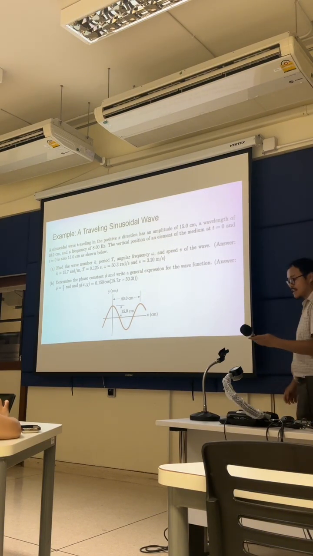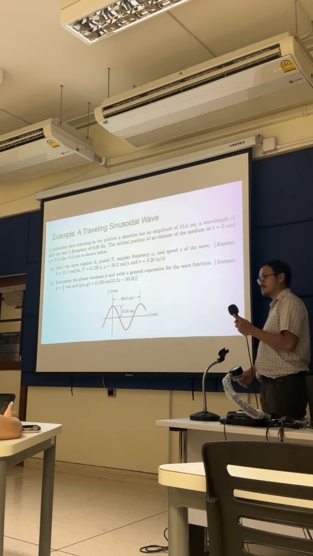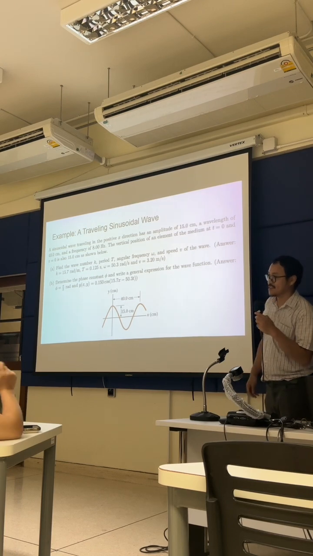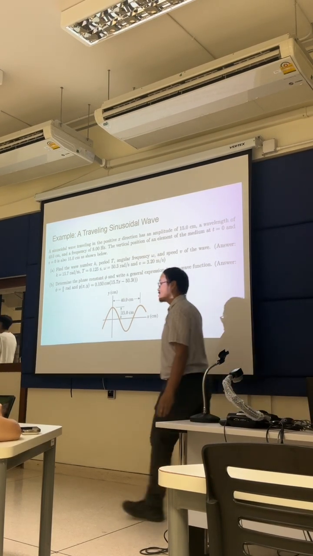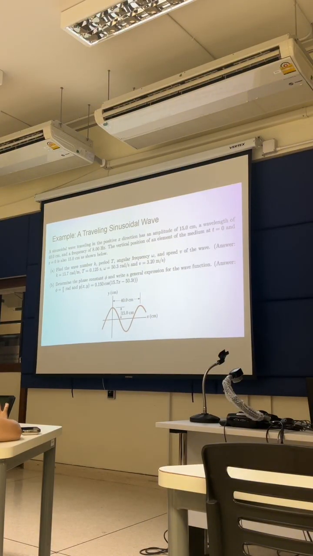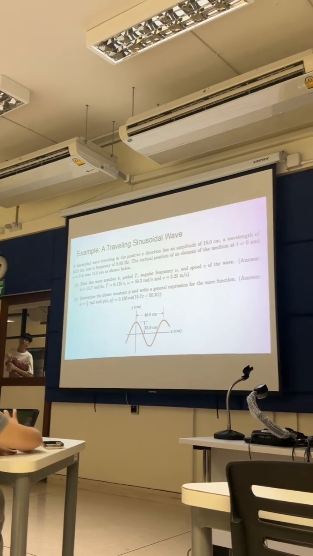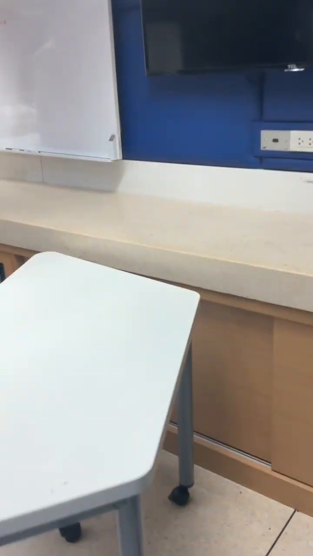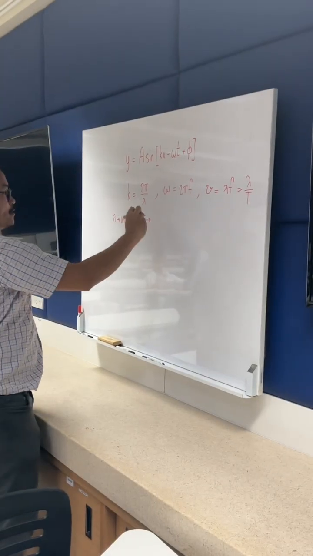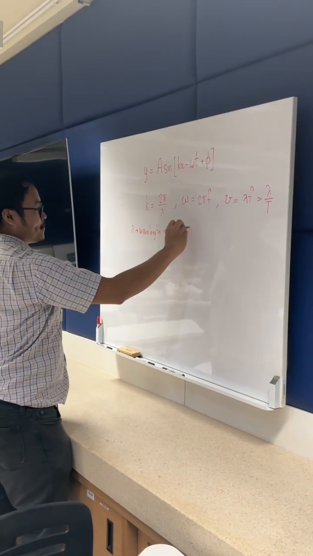Do you think it's a good idea if I work it out? Yes, please. Okay. So maybe temporarily just using this, 2 pi over lambda, right? The lambda is a wavelength, and that is 40.0 centimeters, right?